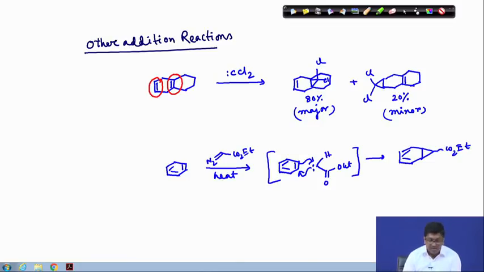Okay. Now, electrocyclic ring opening, this is one type of pericyclic reaction. The electrocyclic ring opening will give this 7 membered ring.